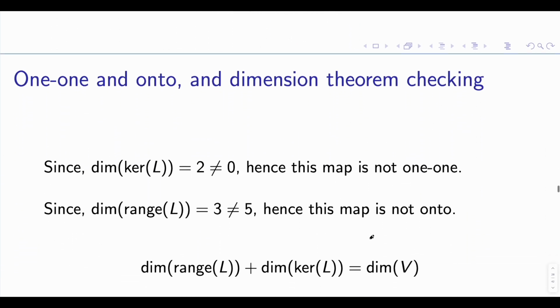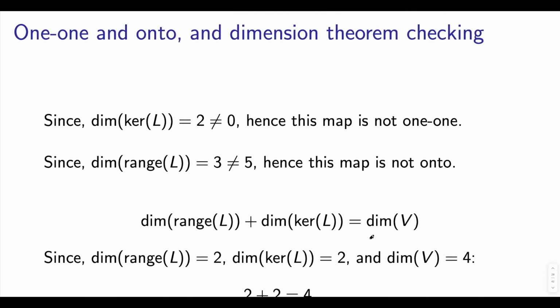Okay. So now the question is checking whether L is one-to-one and onto, and the dimension theorem. So the dimension of the kernel is equal to 2.